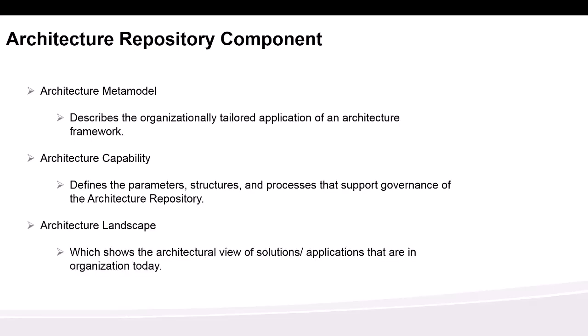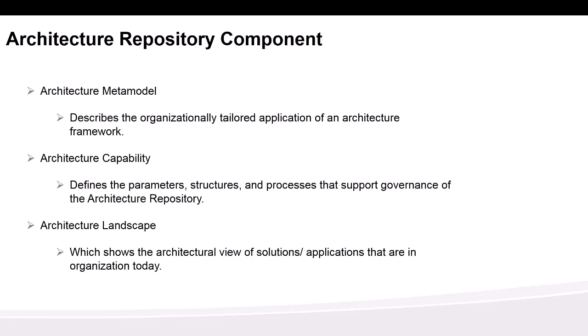Architecture landscape, which shows the architecture view, solutions, and applications that are in the organization today. So essentially a list of live applications. It also holds the baseline and target architecture details and its relevant documents. And this is the biggest part of the architecture repository.